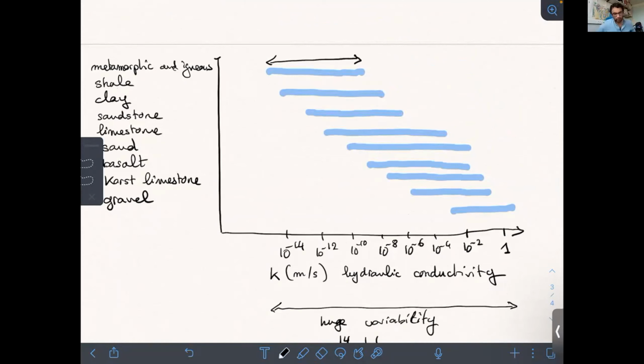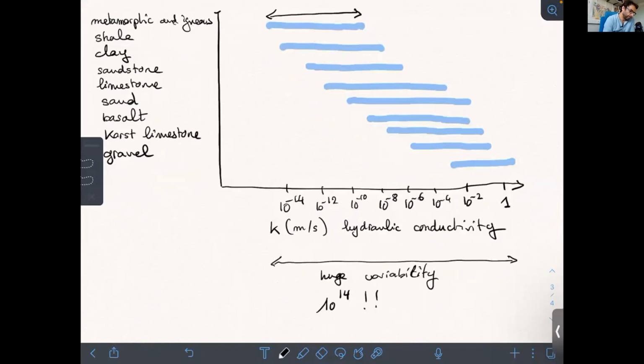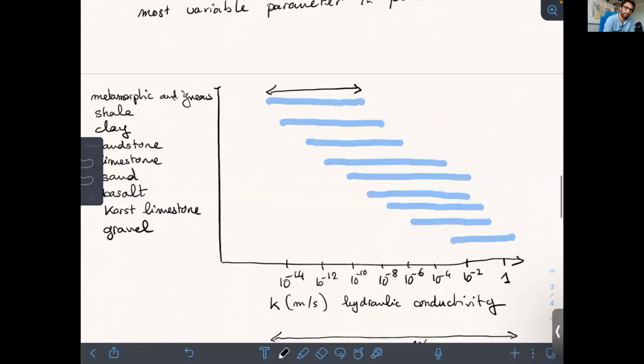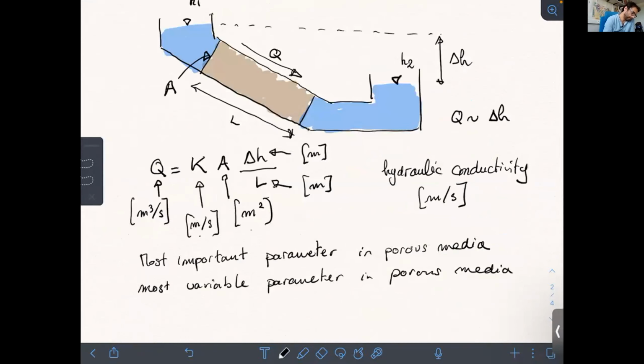So this is what makes our life very difficult in the reservoir management. Okay, any questions? Don't hesitate. And this gives you the orders of magnitude. As we said, permeability, hydraulic conductivity is controlling the flow here in this Darcy's law.